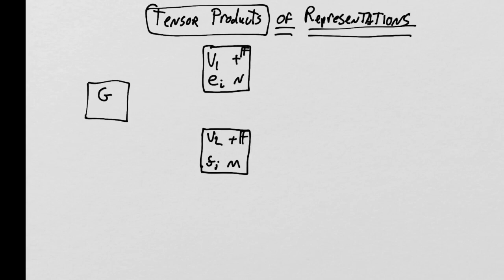And then in this case, I'm actually going to identify a basis, E sub i and F sub j, because when I understand tensor products, I always think of it in terms of a basis. That's just the way I kind of work. So this has a basis F sub j and a basis E sub i. And this group has two representations that are mappings into the general linear group associated with each vector space.